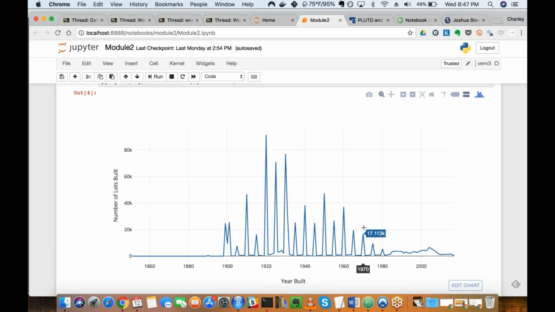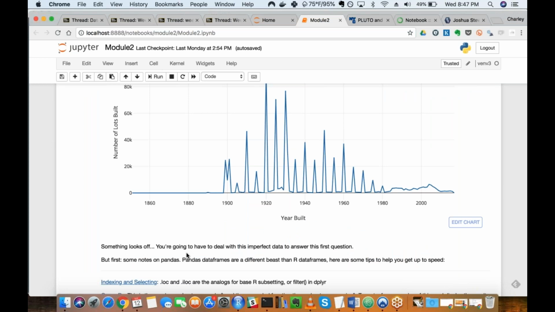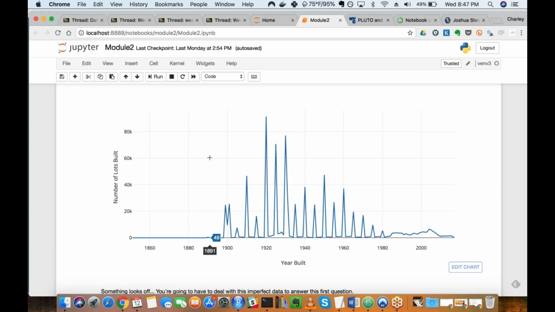So looking at a line plot like this, a line plot could be any XY data, but what we're actually looking at is we're binning it by year and we're aggregating it. We're simply getting a count of the number of lots built. And you could see the Pluto data set is not the cleanest data set.